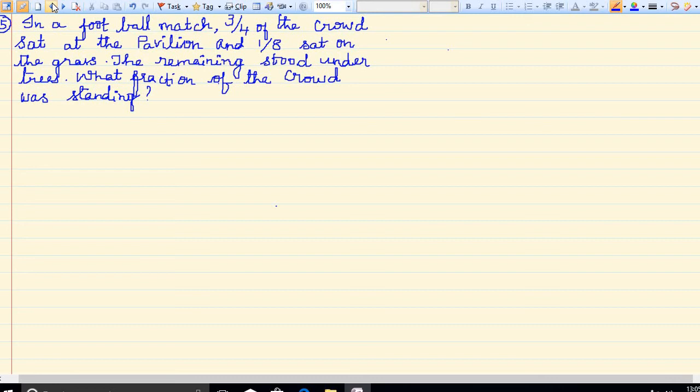So here what are they asking in the question? Listen, they didn't say the total strength. Just they are given the fraction. So here I am going to find out the fraction of the crowd was standing. For that, what I have to take here, they didn't give the total strength.